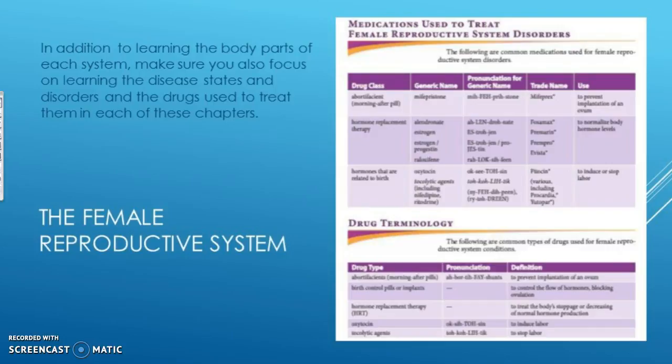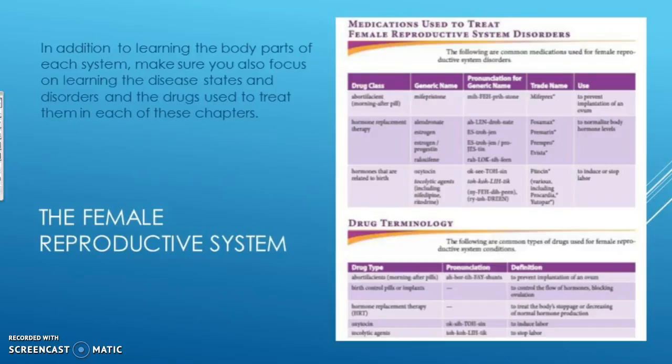If you've ever had Pitocin, you know what this is all about. Pitocin is used to induce labor. These are just different things that you're going to see in these chapters that I really want you to focus on. Focus on those drugs. Those are the things that you're going to be dealing with most frequently as you get into the pharmacy.